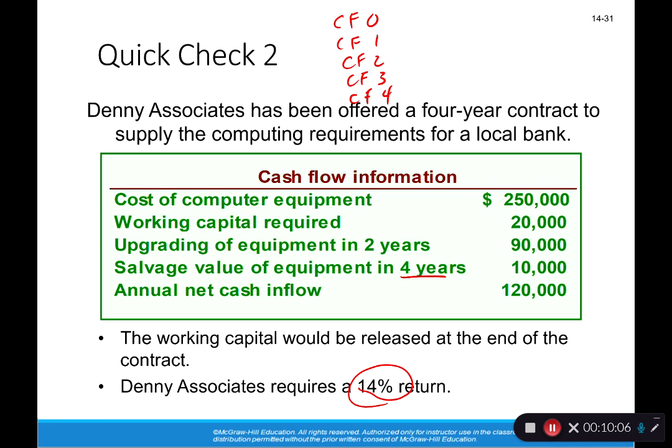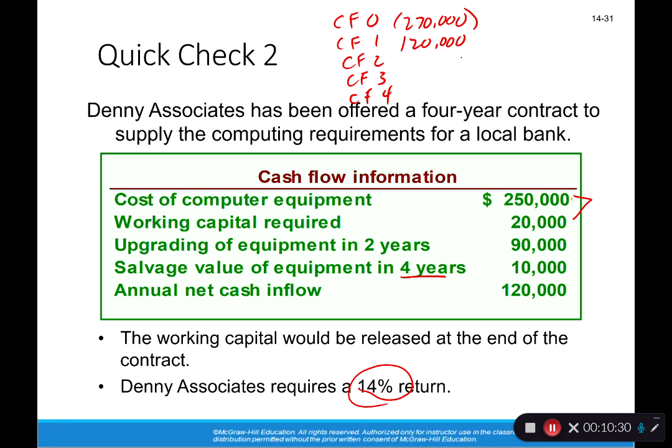Welcome back. Hopefully you arrived at the correct answer. If you did, it means that you took the cash flow zero as the 250 plus the 20. So there would have been an initial outflow of 270, negative because it's an outflow. Then cash flow 1 would have been the annual net inflow of 120.